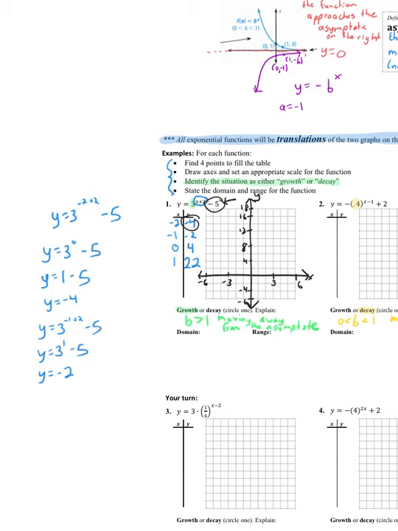Okay, that's kind of where I want to set my axes. The reason I want to do that is because I'm going to have an asymptote on here. There's always an asymptote for exponential functions. And this is where the asymptote's going to be: y equals -5. That's not a coincidence. Whatever number's added or subtracted on at the very end is always going to be where your horizontal asymptote is.